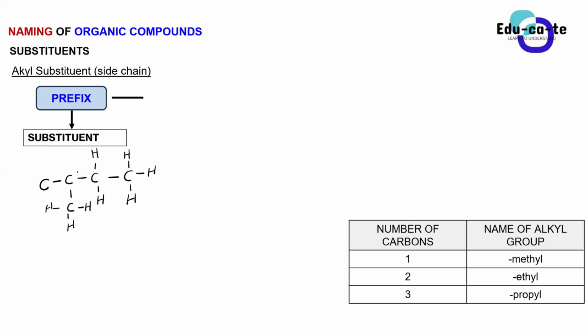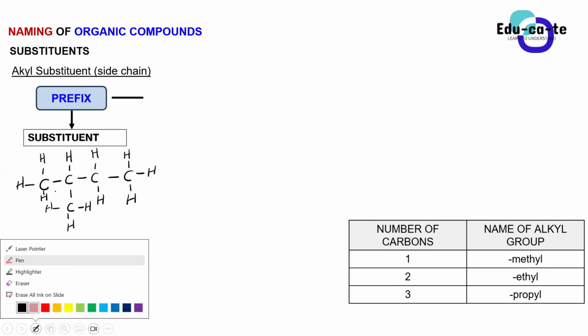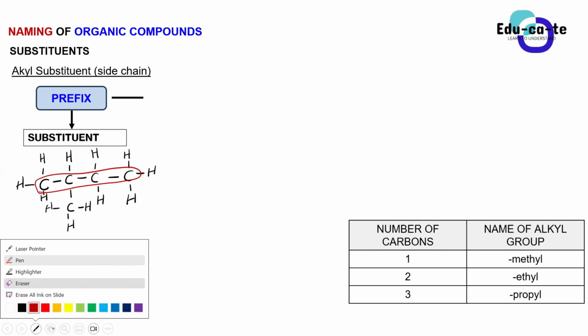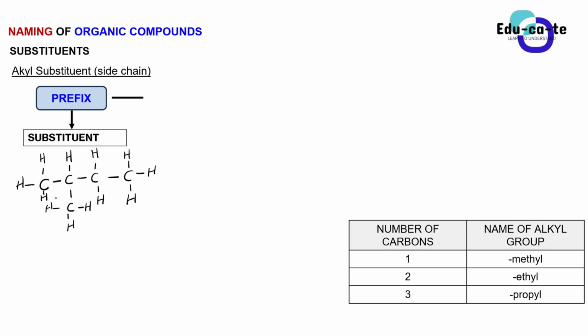If we highlight its main chain, you can take this straight chain as the parent chain, or you can highlight it in other ways. You can even highlight it in this way. It'll still be the same thing, because all of them still consist of 4 carbons in total. So basically, this is the parent chain.